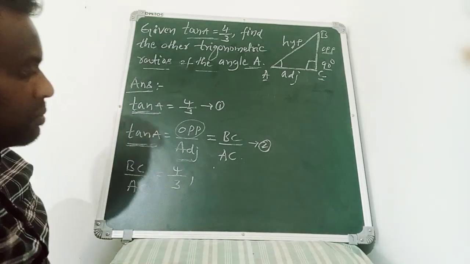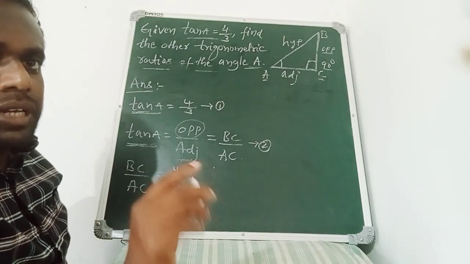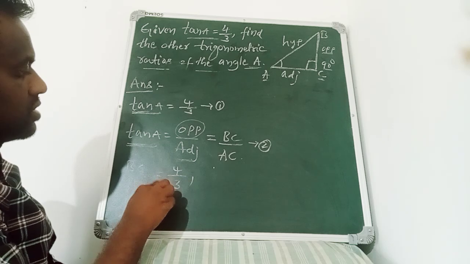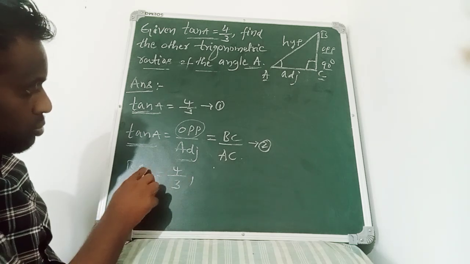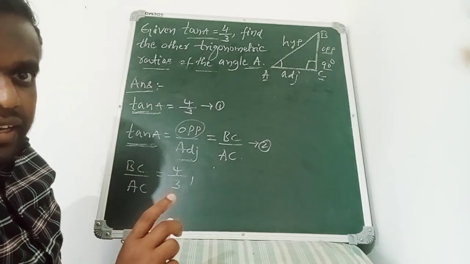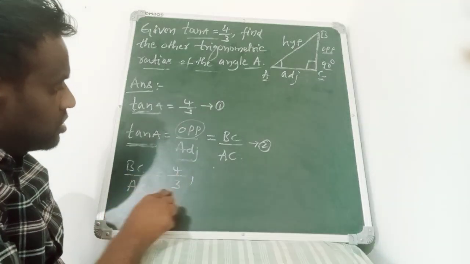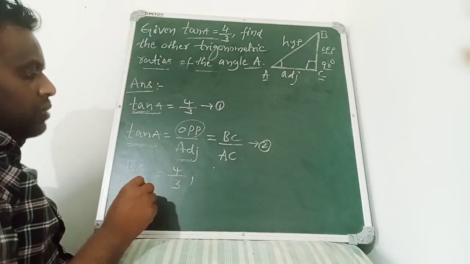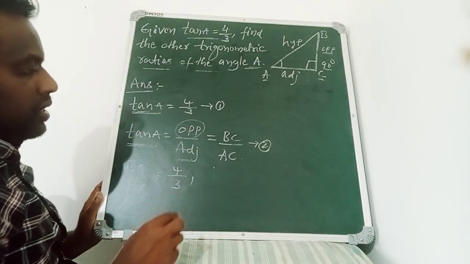Sometimes it will be correct, sometimes it will not be correct. Okay. Don't think in that way. Since this is the ratio. The ratio BC by AC is equal to 4 by 3. It doesn't mean BC is equal to 4, AC is equal to 3. Okay, not that.